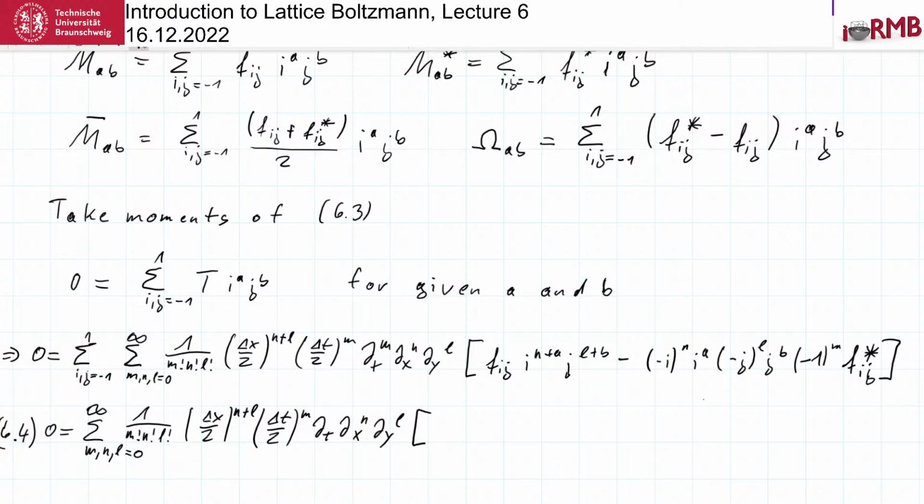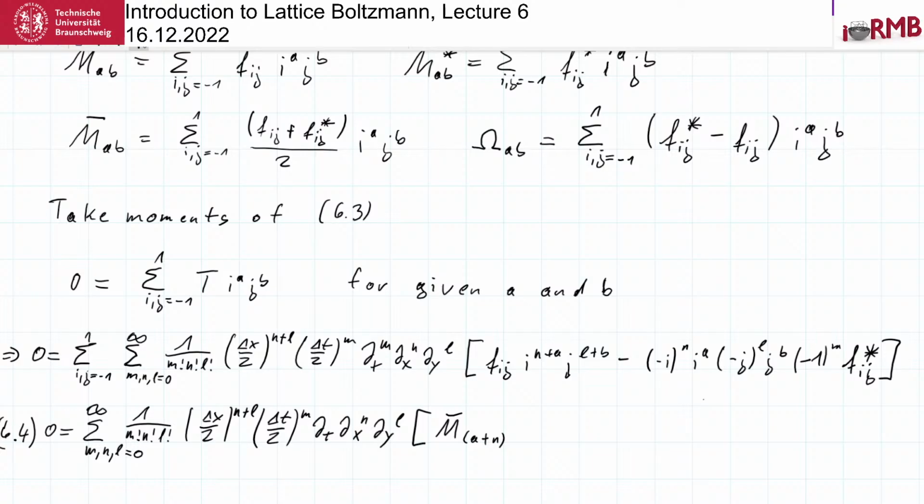Yeah. So what we actually have is either the sum of pre and post collision, or we have the difference between pre and post collision. And we just introduced what this means. The sum of both is m bar, and the difference is omega. Okay. So now we distinguish this. Of course, this requires some looking at it and rearrangement.